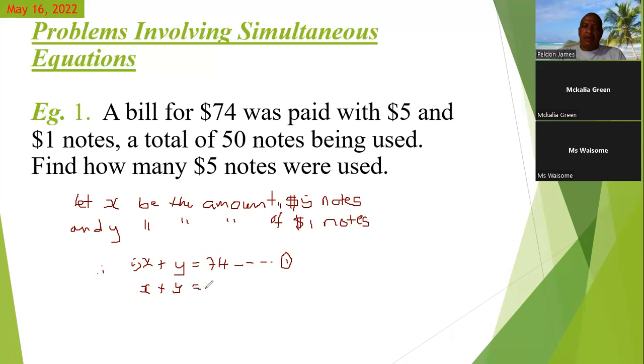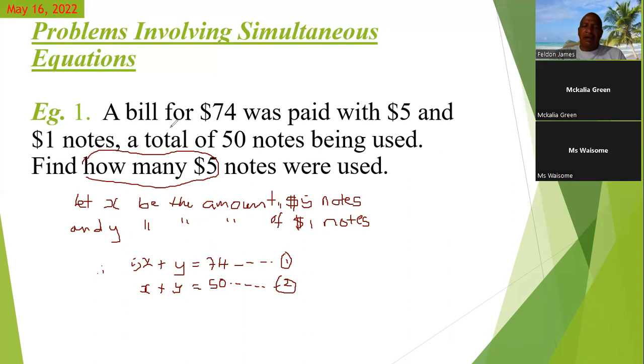And from here now, you would have formulated two equations that you are now able to solve simultaneously. Now, what you're focusing on is how many $5 notes. So which variable are you going to solve for? x, sir.